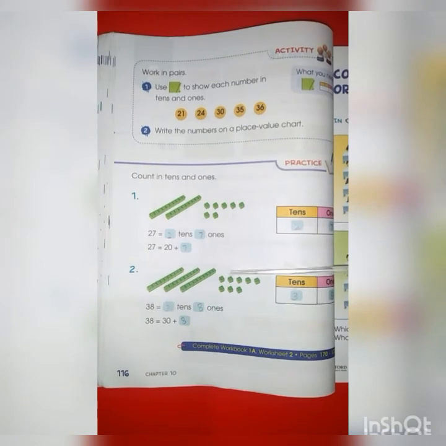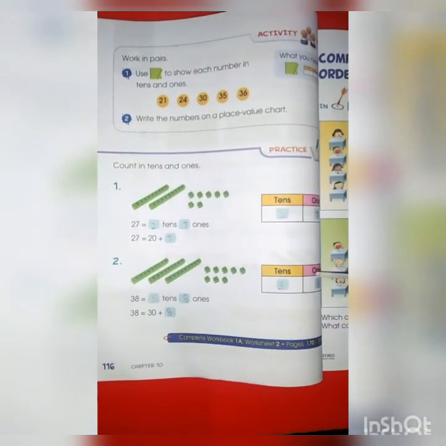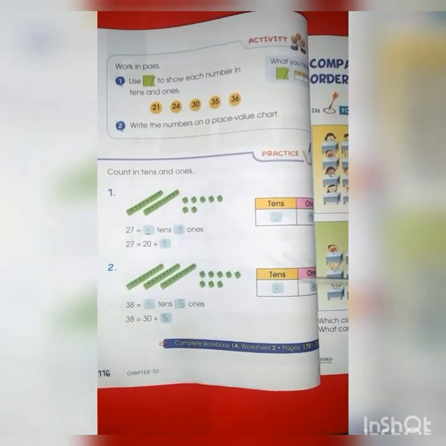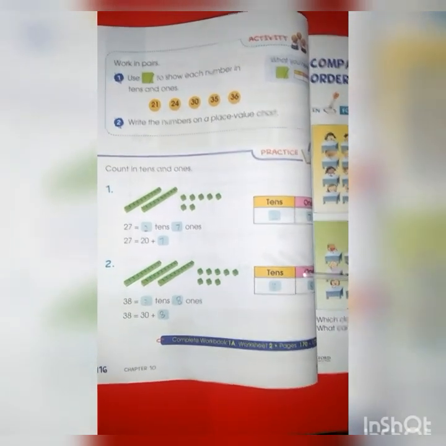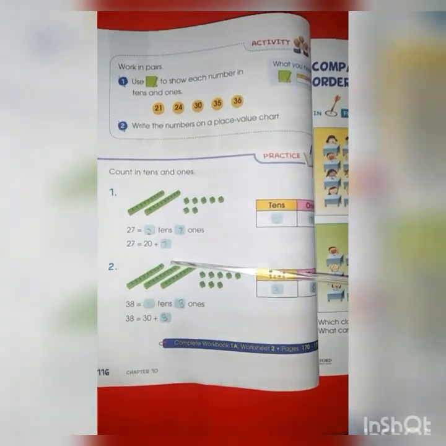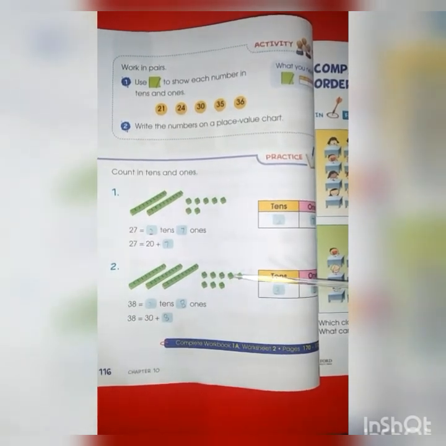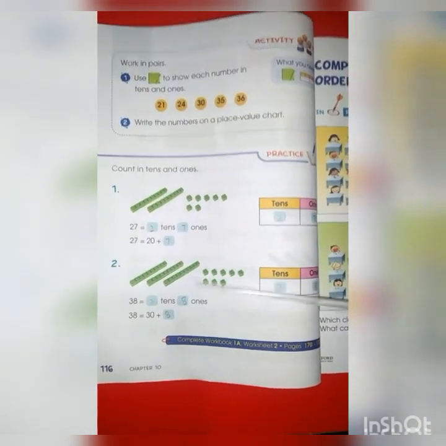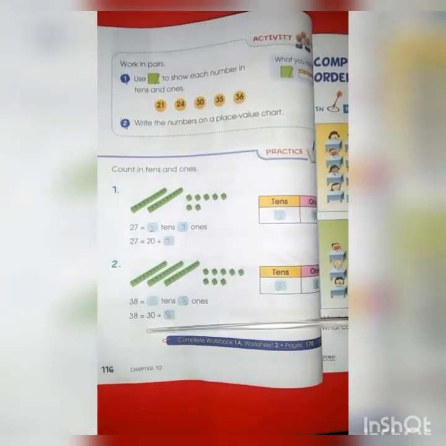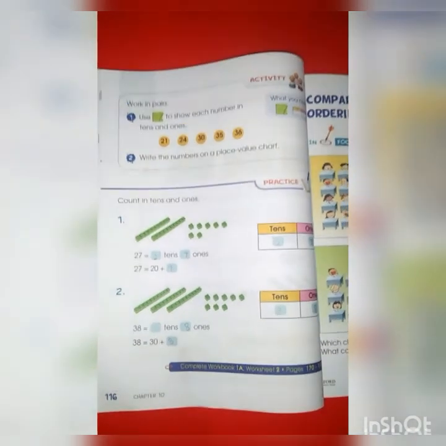The blocks are 38 in number, and on the place value chart, we will see that 3 is on tens place and 8 is on ones place. 38 is equal to 3 tens and 8 ones, as you can see here. 38 is equal to 30 plus 8.